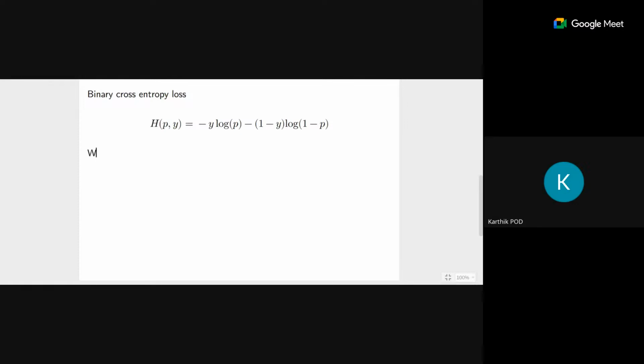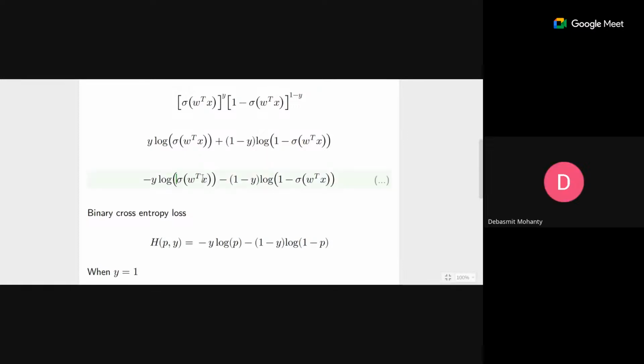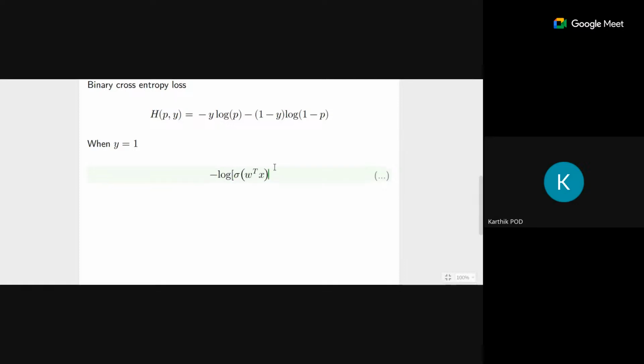So you can look at what happens when y is equal to 1, the true label is 1. So this loss becomes minus y log p, and it becomes just minus log p. So it just becomes minus log sigma of W transpose X. The larger the value of sigma of W transpose X, the smaller the loss.